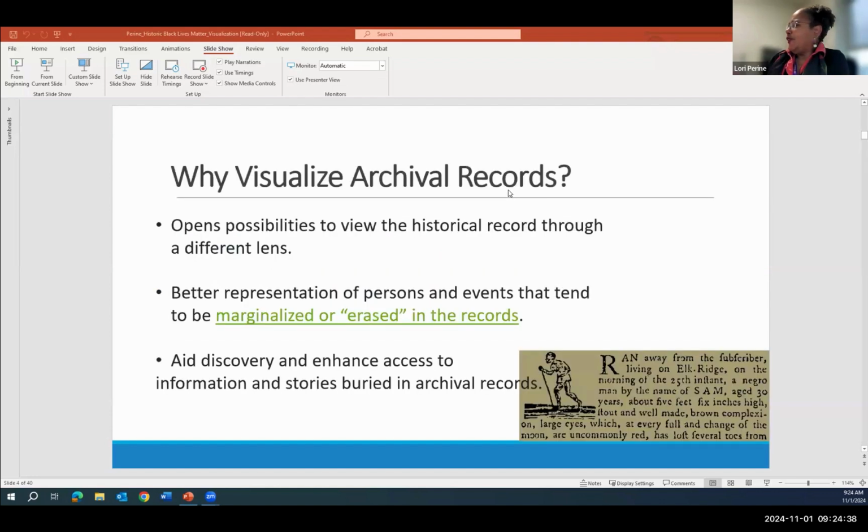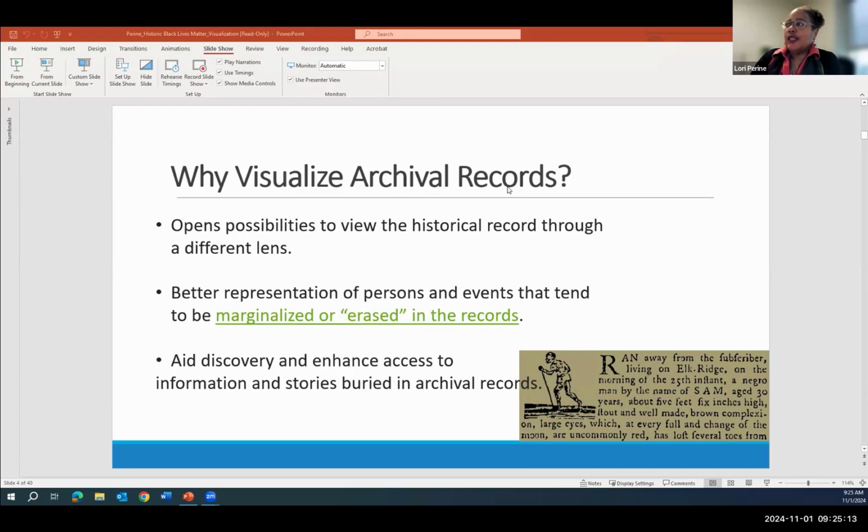And so there's a big question about why think about visualizing archival records, especially historic records, which tend to be more of a written or physical nature. How is it that we might be able to visualize those records, and why would we do that? And here you see three key reasons, at least, that were driving my explorations.